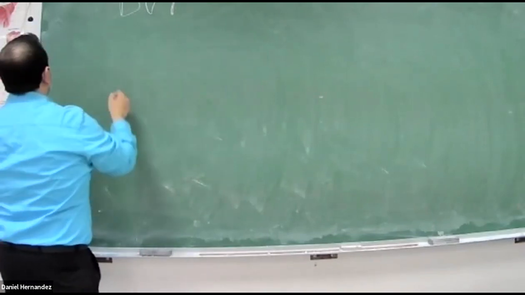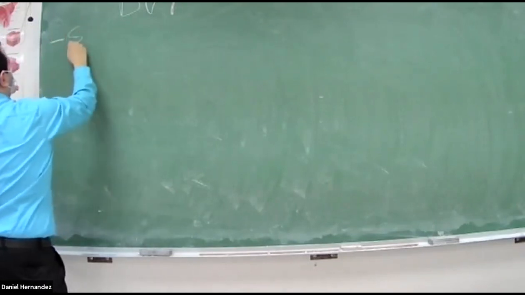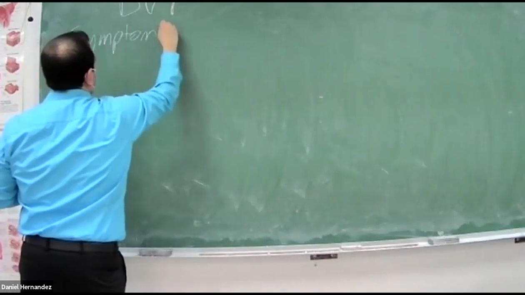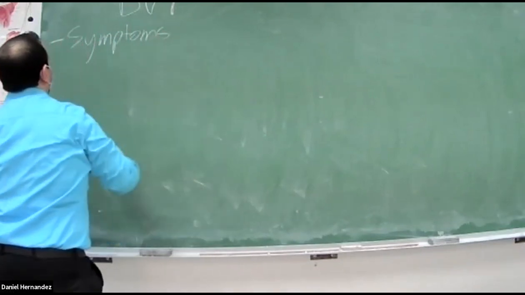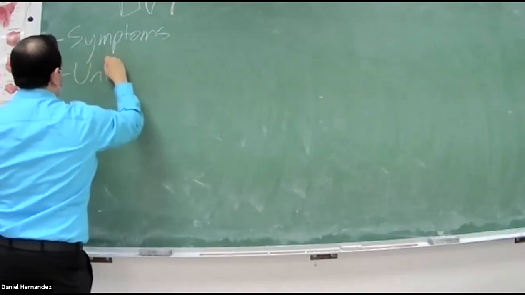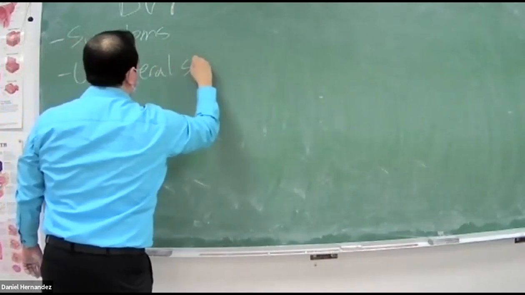So DVT. Symptoms. Well, the big one is unilateral swelling.